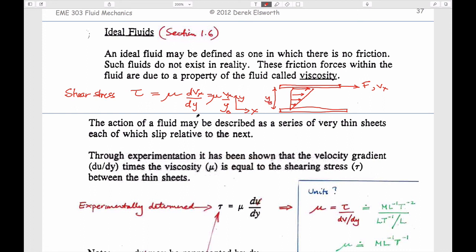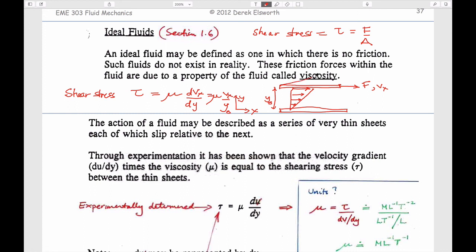And so what this says is that if we want to pull this plate at the top at this velocity, and the separation between these two plates is some distance that we know, then we have to apply to this a force F, and that force we can translate into a shear stress, tau, which is equal to the force that we apply divided by the area over which it's applied.